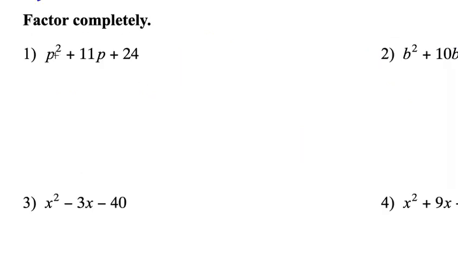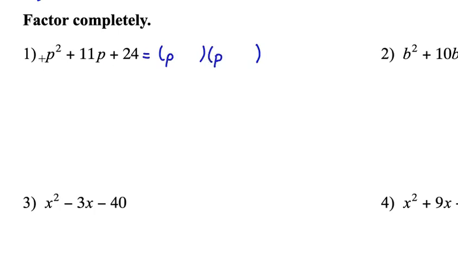Let's dive in. Now, when we factor a trinomial like this, we usually are trying to figure out what two binomials would multiply to make this trinomial, if any. Now let's think about this for a minute. If we had two binomials and we were multiplying them and we needed to have a p squared like this, well, that means that we would start by multiplying p times p.